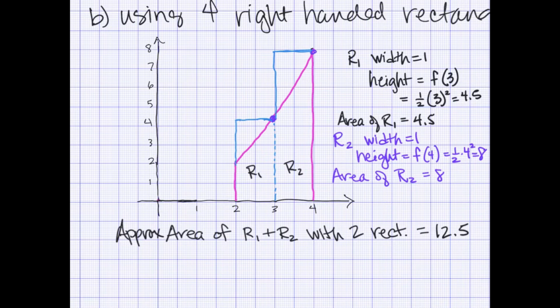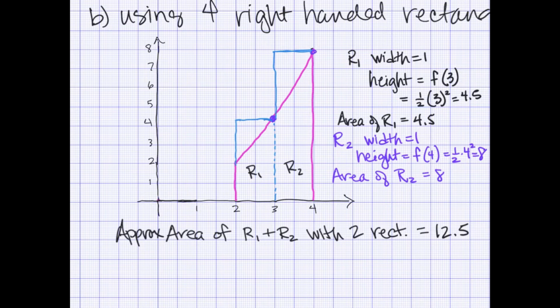To draw these rectangles, you look at how many you're supposed to have. We're supposed to have 2, so we're going to split 2 to 4 and draw the line at 3 because that's exactly the center between those two. And then we're just going to draw that line straight up, and where it hits the function, the pink line, that's where we're going to draw our right-handed rectangle.